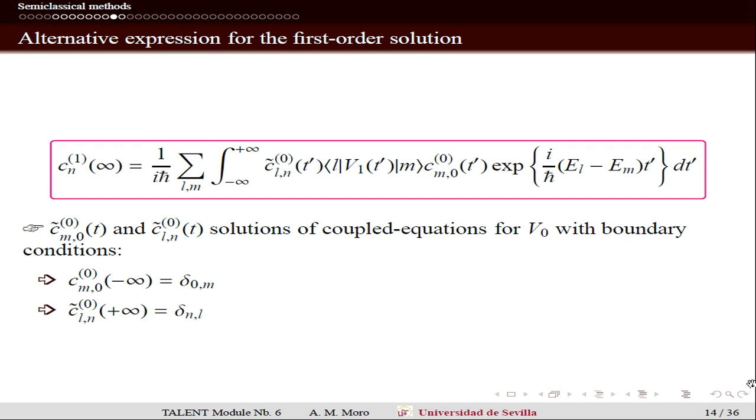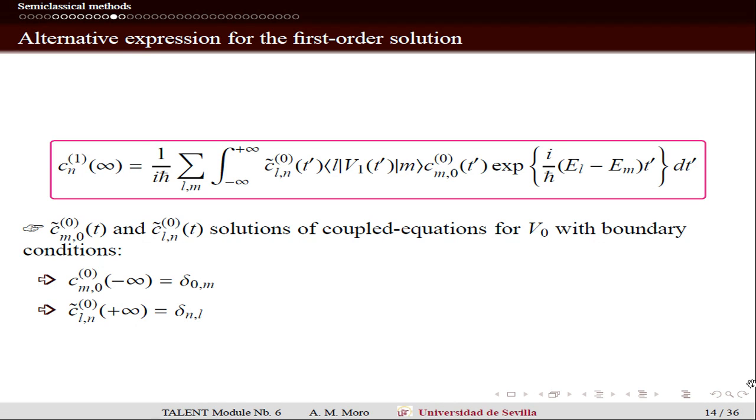So you have this complicated system of equations. There is an alternative way of writing this. It requires some derivation that we are not going to give, but I think that the final result has a very suggestive form. So I write only the final result. So the final result for this C1 that is equivalent to the one that I have just written is this. So these C0 are the ones that we have defined already. These are the solutions of the coupled equations for the V0 part of the interaction.